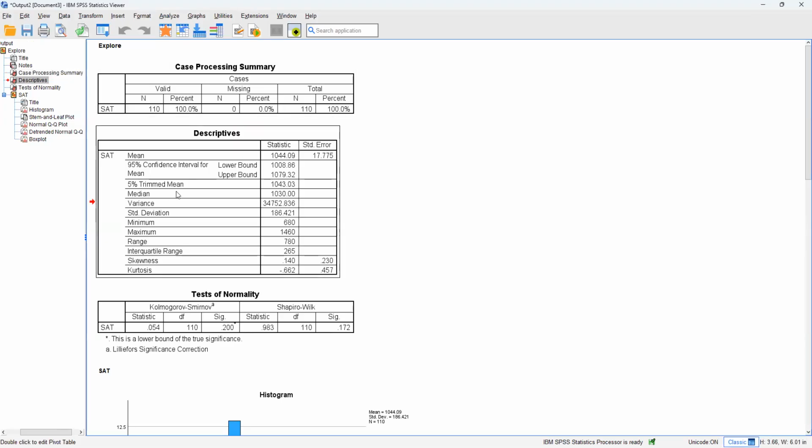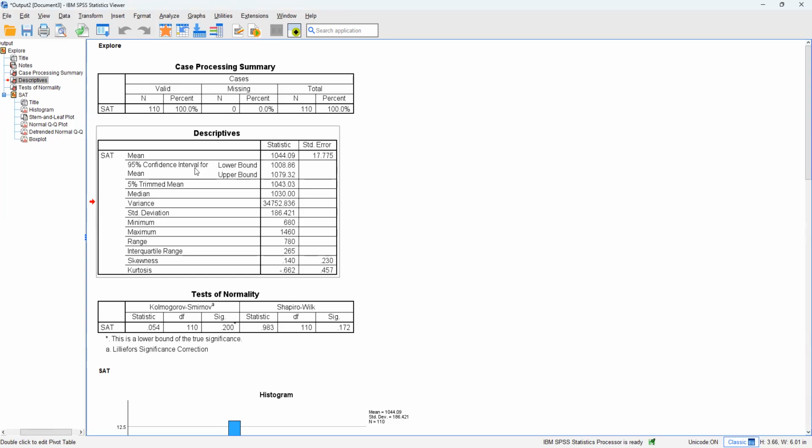The second table gives us our measures of central tendency and variation. There are a couple of unique features about the descriptives we get under the Explore analysis. So we get the mean score. The SAT average for our sample is 1044.09. We also get a 95% confidence interval around this mean.